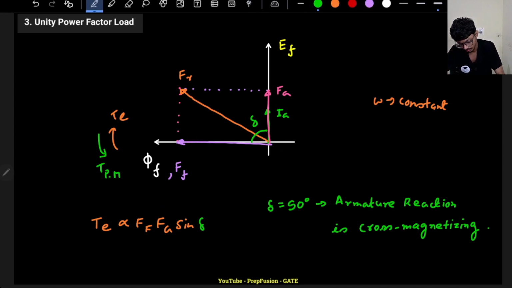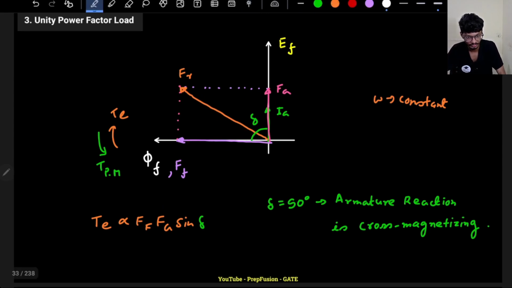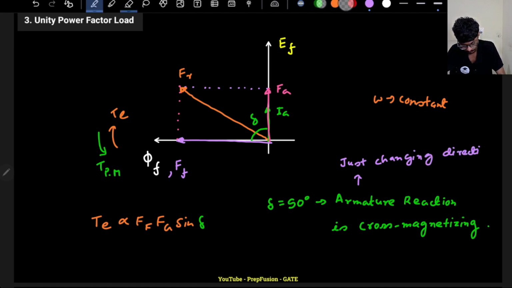Okay, we will see when it is not cross magnetizing, you will understand this even better.